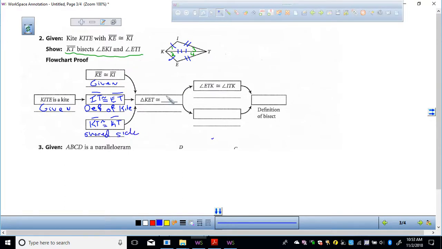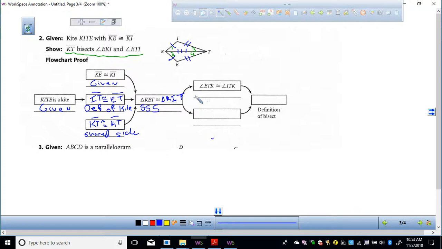Okay? Triangle KET is congruent to triangle KIT because of Side, Side, Side. ETK is congruent to ITK because of what goes here? Once I have proven that the triangles are congruent, CP, very good. Who's that?